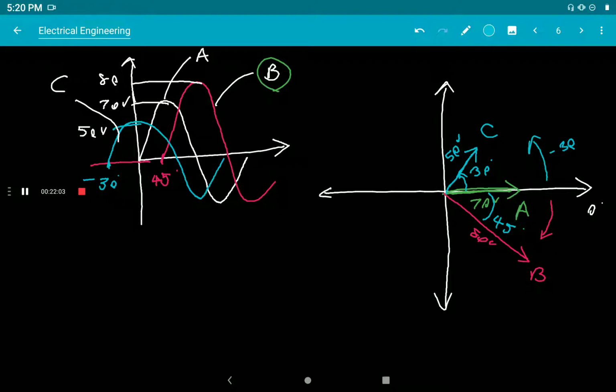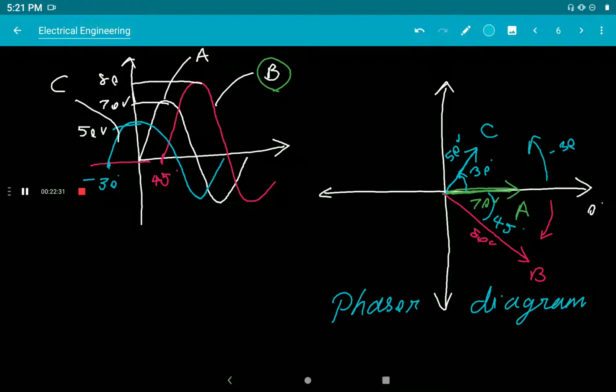We can represent any sinusoidal waveform as a vector or phasor representation. This representation is known as a phasor diagram. It is used to represent a sine wave in terms of its magnitude and its angular position.